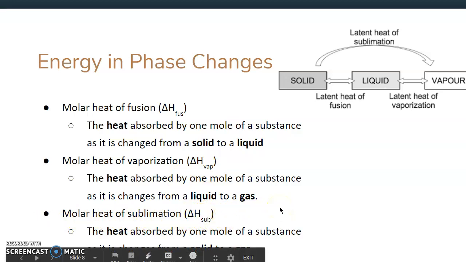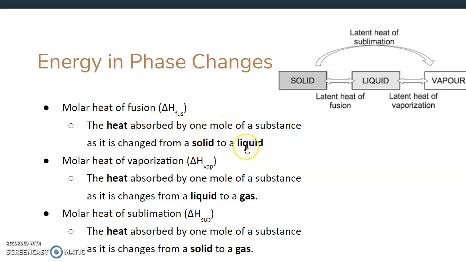This term is the exact amount of heat absorbed by 1 mole of a substance as it's changed from a solid to a liquid. So we can see right here, we have our latent heat of fusion, or molar heat of fusion. It's the same thing as we go from solid to liquid. As we go from liquid to vapor, we're vaporizing.